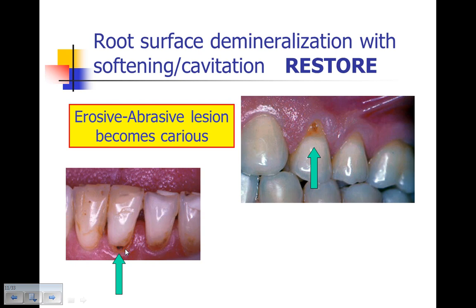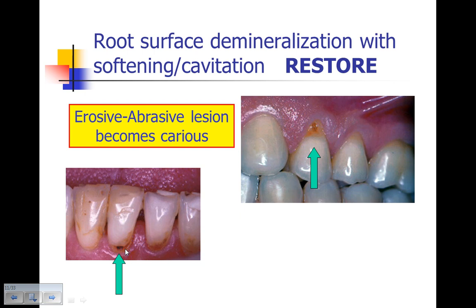And it's very difficult to maintain her, even with fluoride rinses. Her dry mouth, using oral saliva substitutes, she just is going to have a horrendous time trying to maintain her oral health.